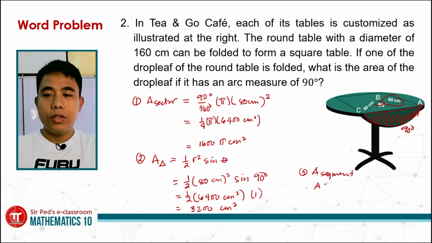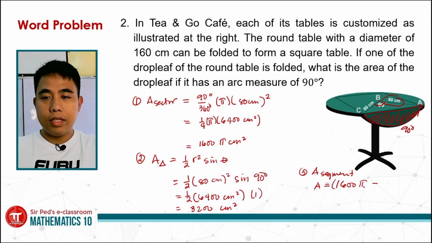And then, step 3, find the area of the segment. So the area is equal to 1,600 pi minus 3,200 square centimeters.